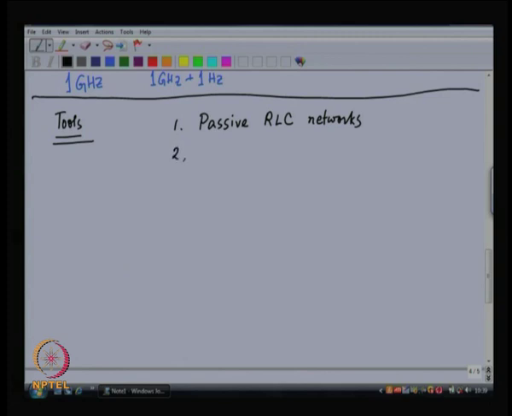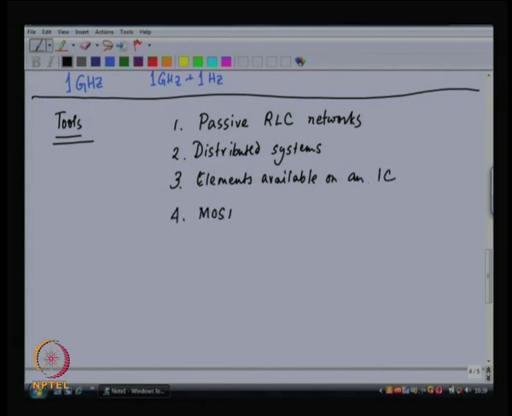Next, we are going to talk about distributed systems, transmission lines. We need this background, and we are going to talk about the different elements that are available on an IC. Then the fourth thing we are going to talk about is MOSFETs.